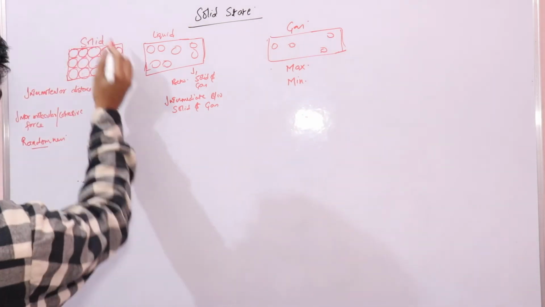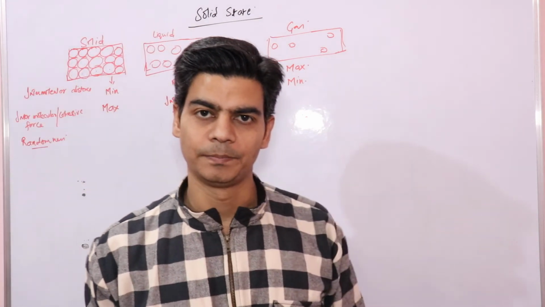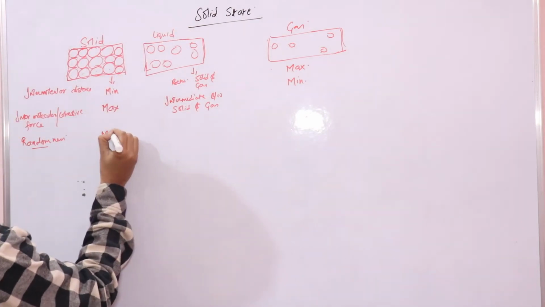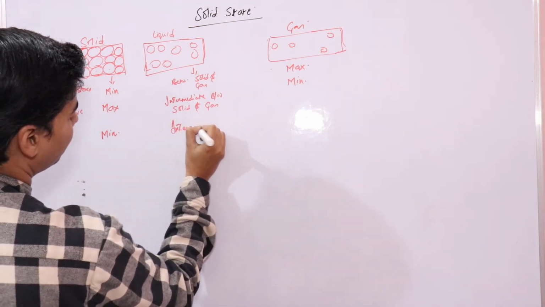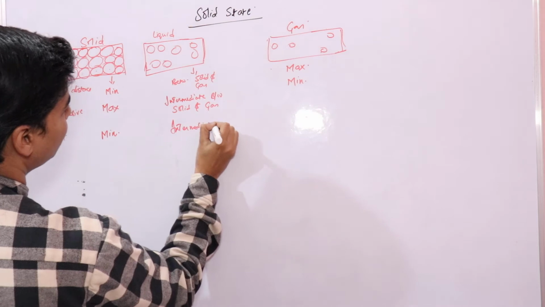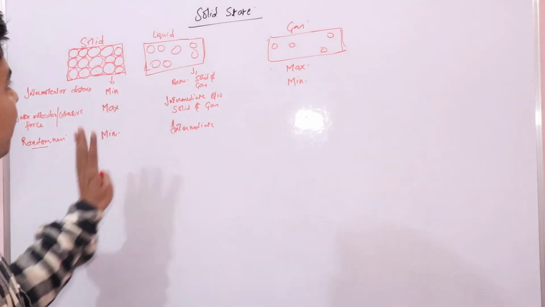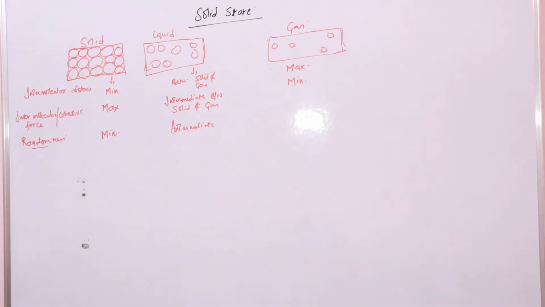In solids the molecules are closely packed, so randomness is minimum. In the case of liquids, it's between these two. So randomness is minimum in solids and maximum in gases. That is why in gases molecules are far away from one another and keep moving randomly in all directions.